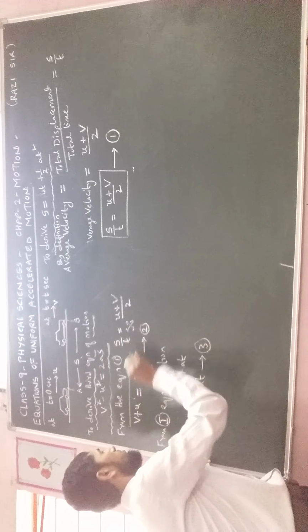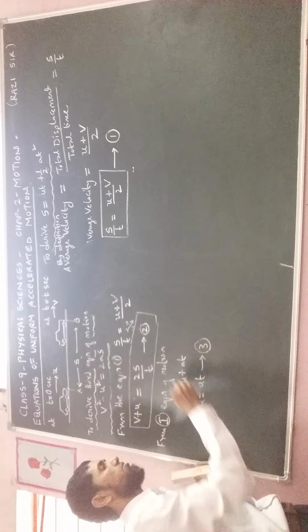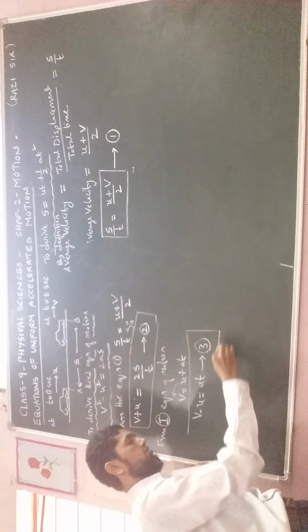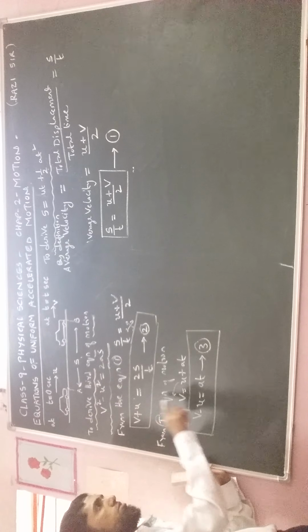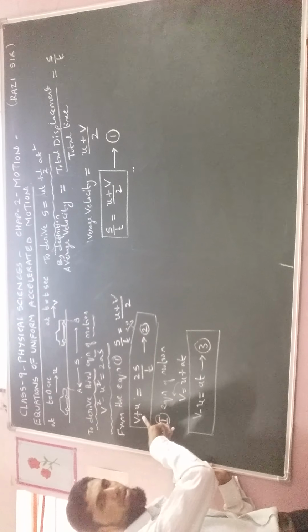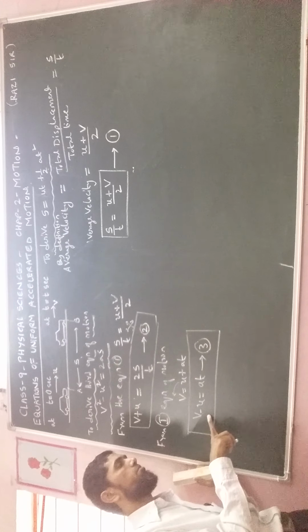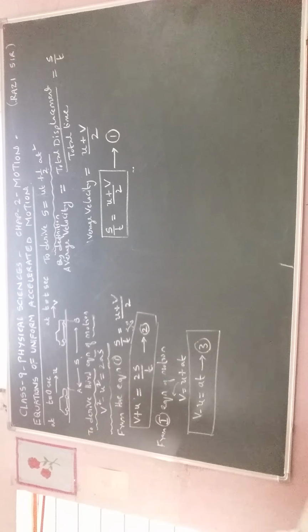Here we can have a look at these two equations, equation 2 and equation 3. When we compare them, on the left side we have v plus u and here on the left side we have v minus u. Now we add these two equations.